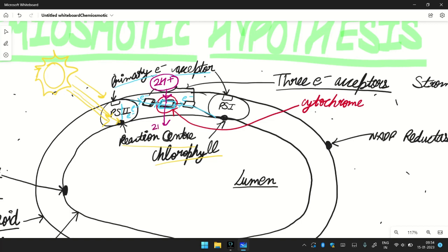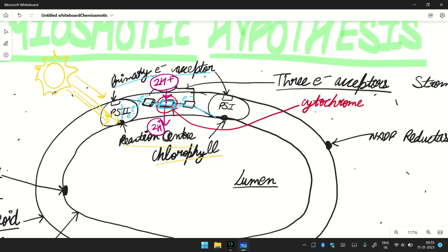So it pumps the pair of protons into the lumen from the stroma by using the energy it gains from transporting the electrons from a higher level to a lower level.